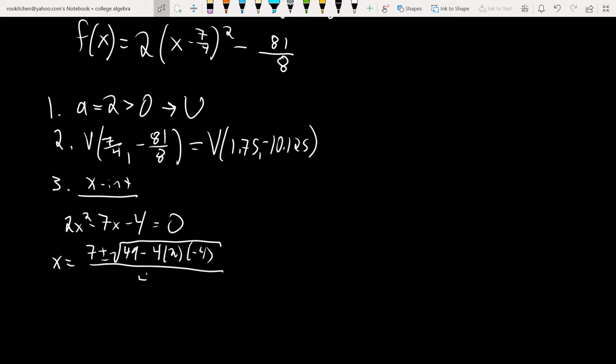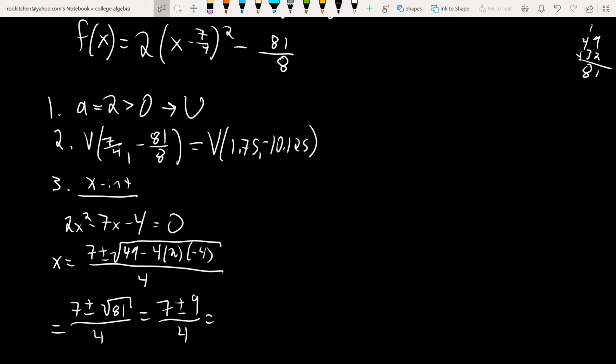Over 4. 4 times 4 is 16, times 2 is 32, plus 49. 9, 10, 11, carry the 1, it's 81. So I get 7 plus or minus the square root of 81. Well, that kind of works out. It's 7 plus or minus 9 over 4.